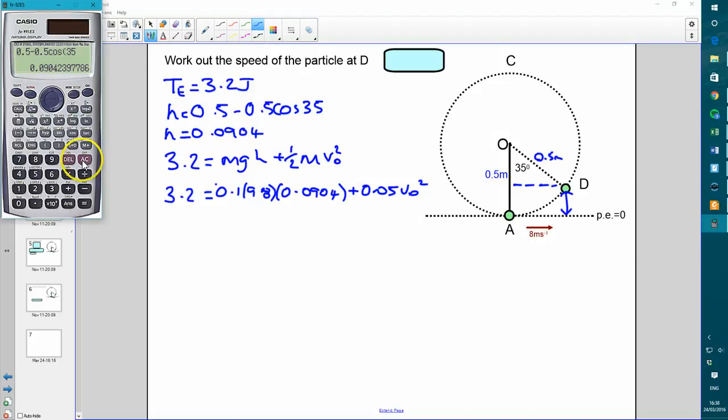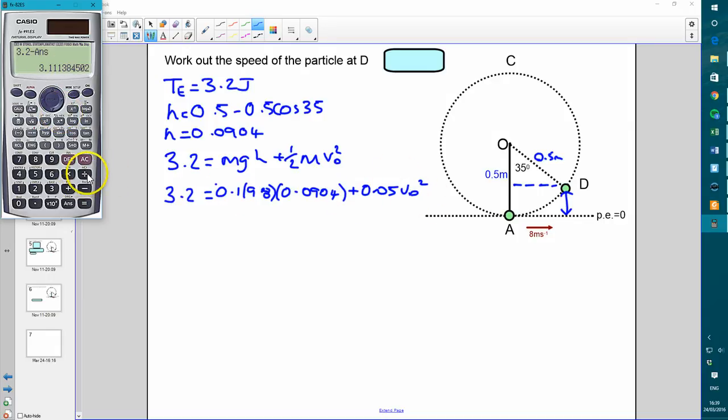Okay, so again, now I'm just going to put this straight into my calculator this time. I'll use this number that I've had stored in my calculator, so I'm now going to times this number by 0.1 times 9.8, which gives me that there, so that's the value of this here. I'm now going to do 3.2 take away that, and that's going to tell me what this bit here is equal to.